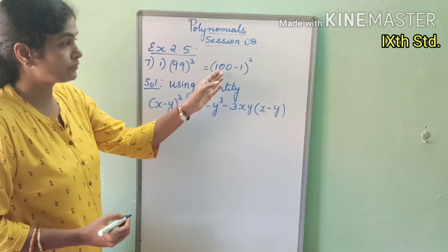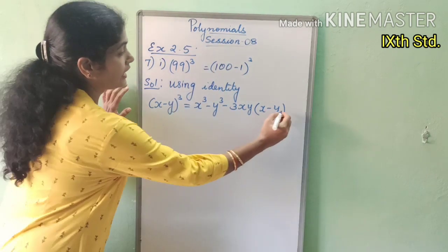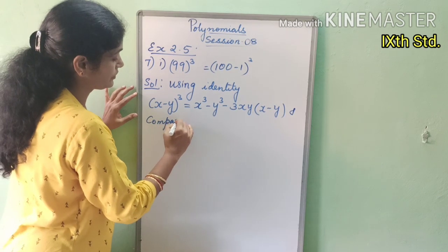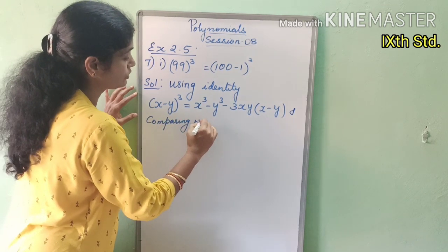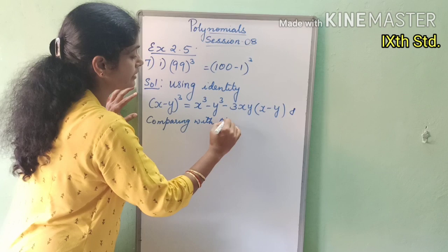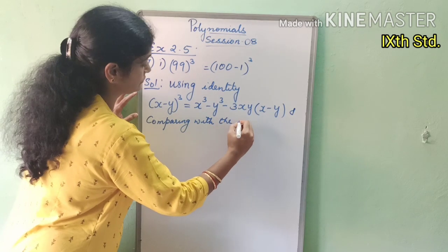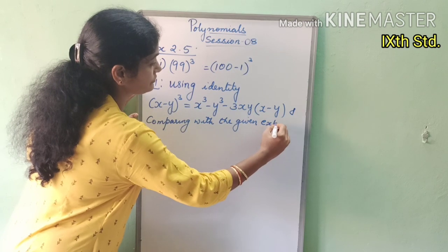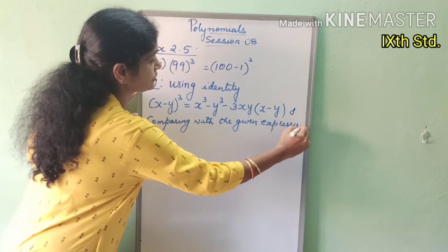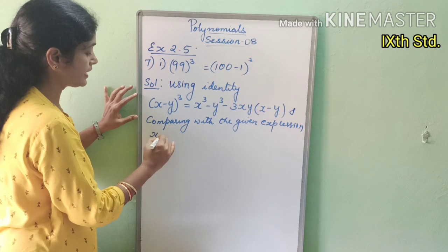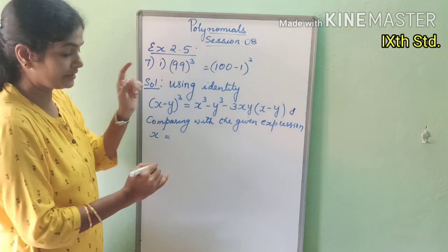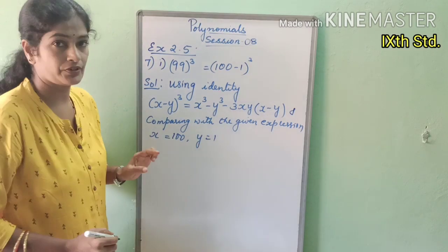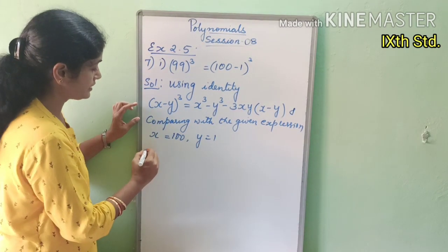Now compare it with 100 minus 1 whole cube, comparing with the given expression. How to substitute? We will get x equal to 100 and y equal to 1. Now put it in this identity and check.